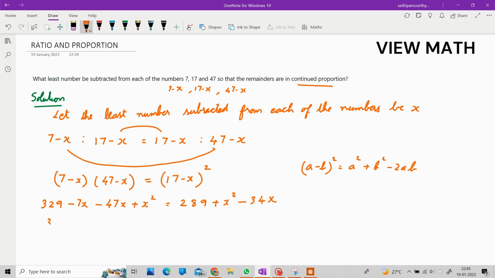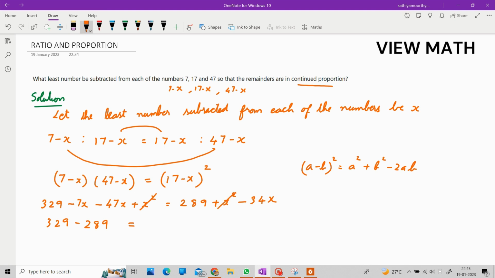Now 329, let me bring this 289 to the left hand side, minus 289, this is equal to, now the x square term is common, I can cancel it on both sides.